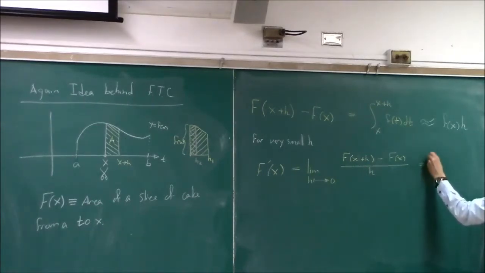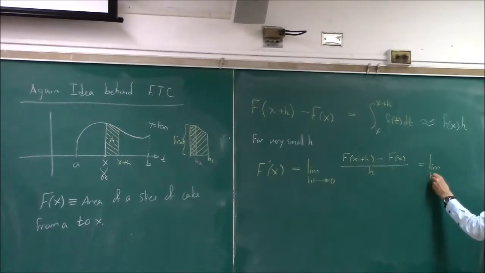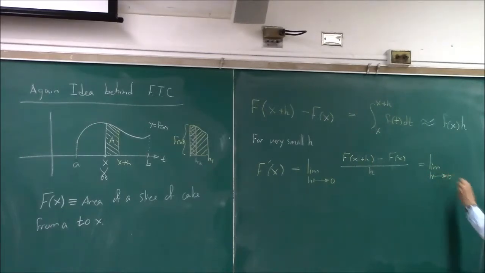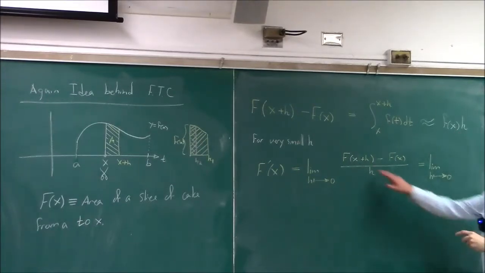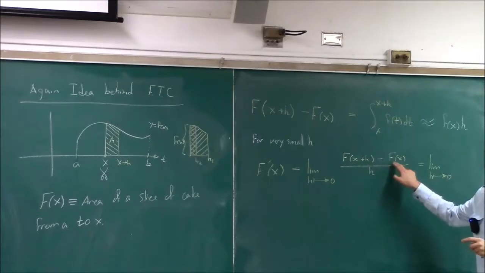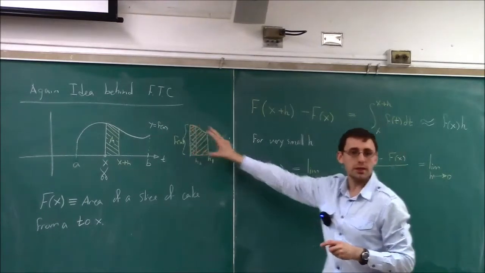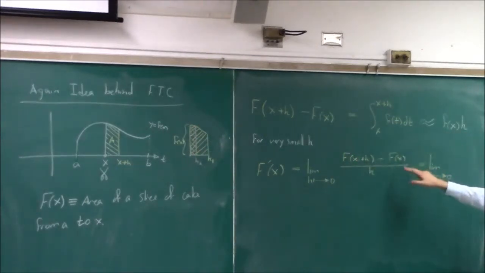And that is the limit as h goes to 0 of pretty much this quantity, right? So F of x plus h minus F of x, just looking at this picture, looks like the area of a rectangle for very small h.